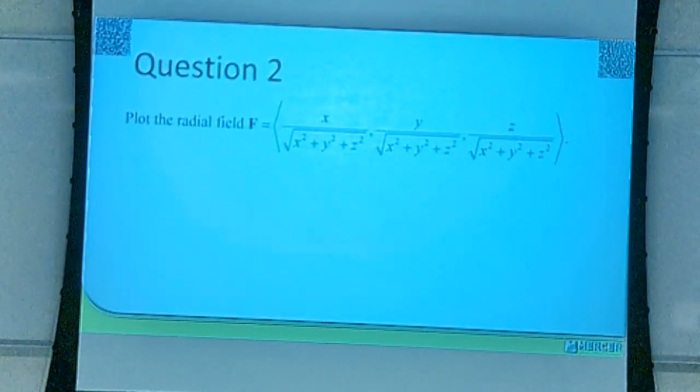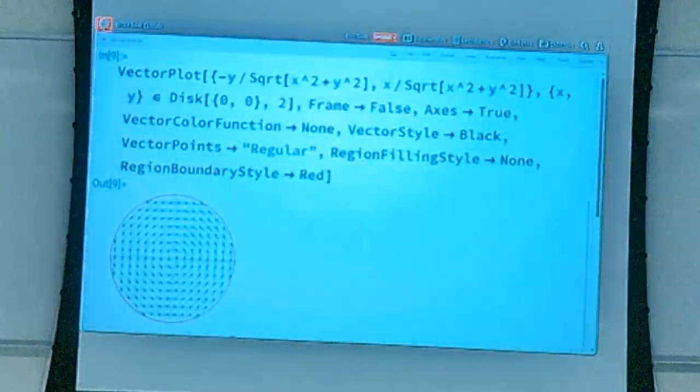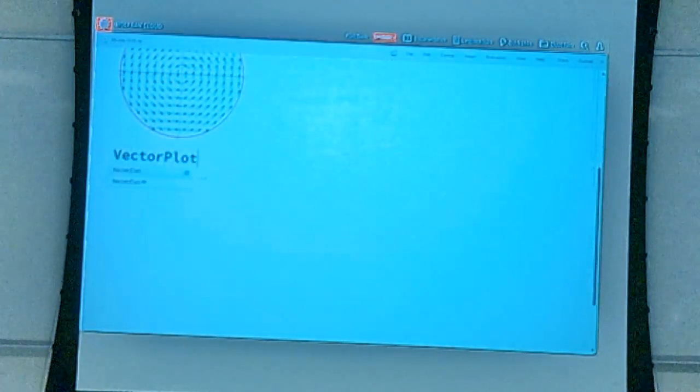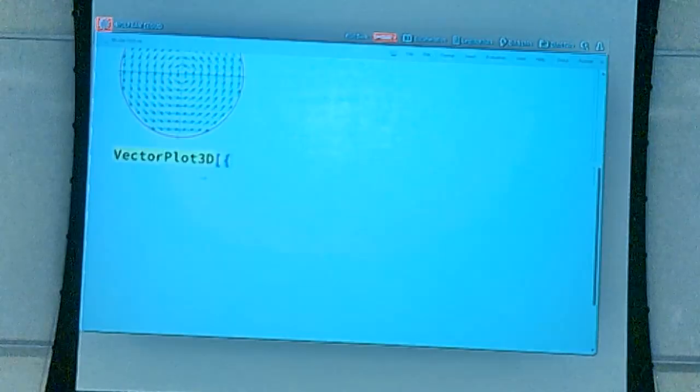Now the radial field. Vector plot 3D, and then the same kind of thing.